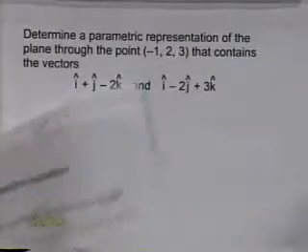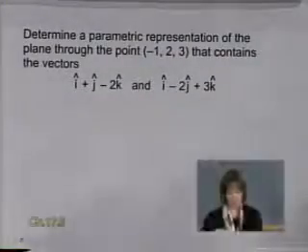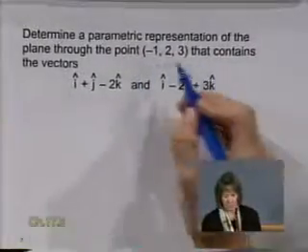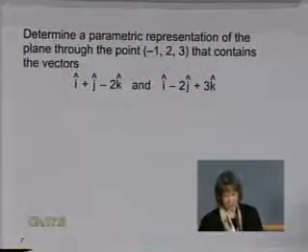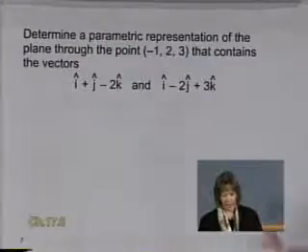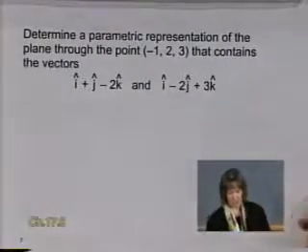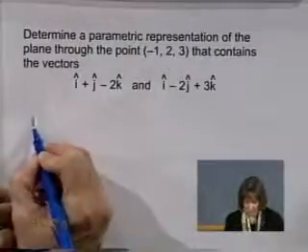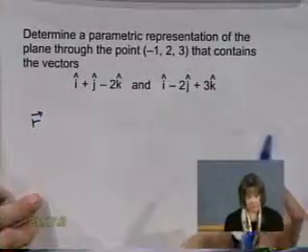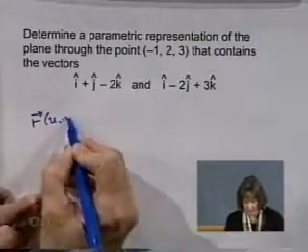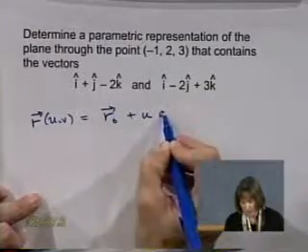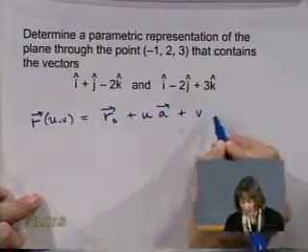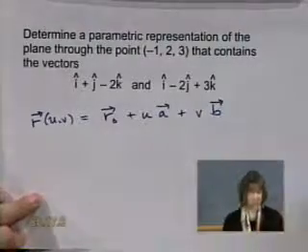Okay? All right, determine a parametric representation of the plane through the point negative 1, 2, 3 that contains the vectors i plus j minus 2k and i minus 2j plus 3k. Well, we said that the parametric representation of our plane is equal to your initial point plus u times the one vector plus v times the other vector.